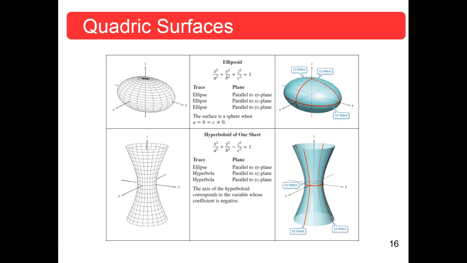Now, the ones on the axes, these are that. This just showed the ones parallel to the xy plane. They didn't show the parallel to the other planes. I don't know why, but they didn't. But here is the xz trace, the yz trace, and the xy trace.